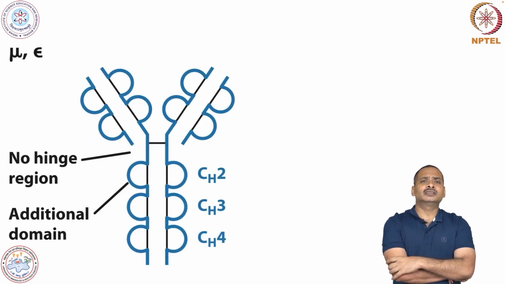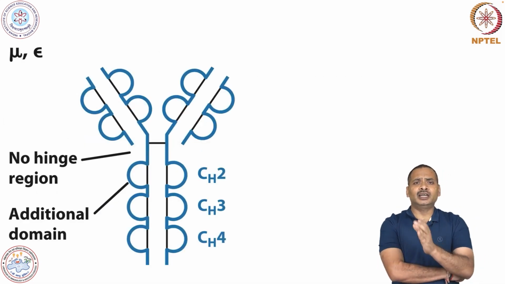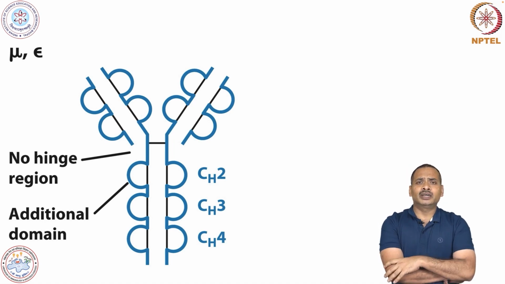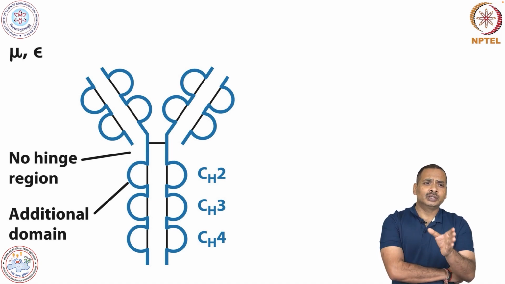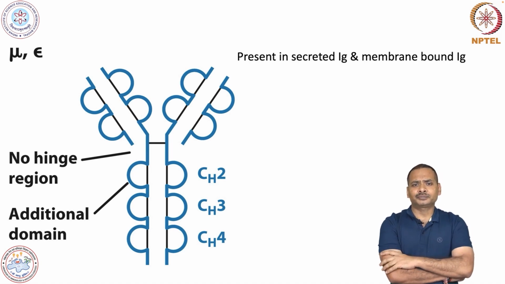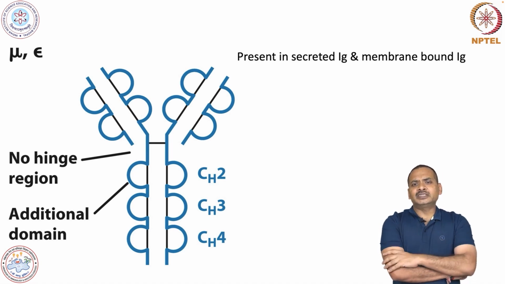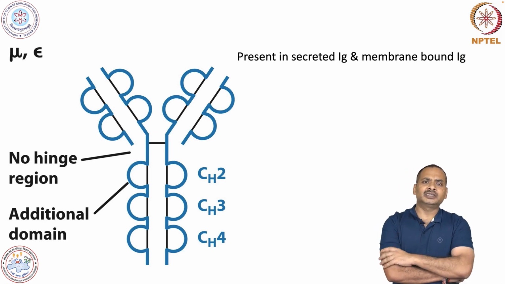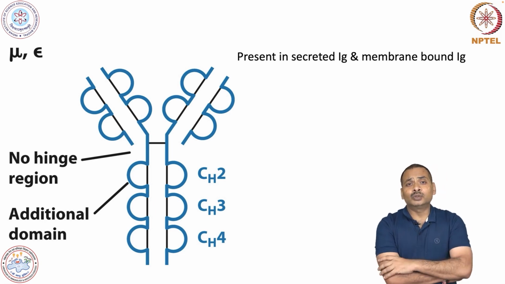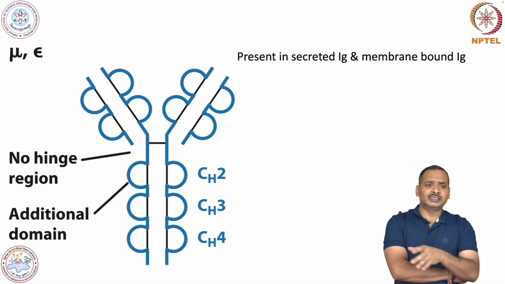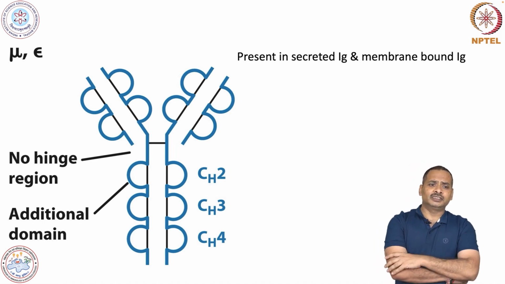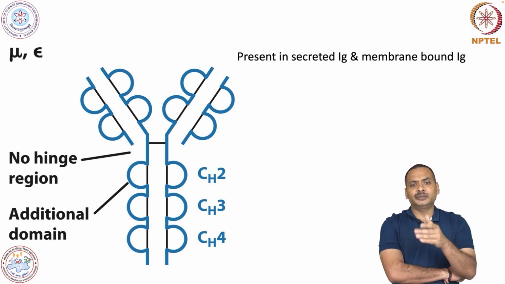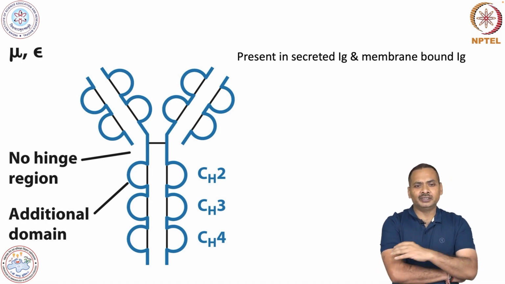Another group is IgM and IgE, whose heavy chains are encoded by mu and epsilon. They are present as secreted immunoglobulin, and also as membrane-bound immunoglobulin. Here you can see there is no hinge region, but there is an additional immunoglobulin superfamily domain.